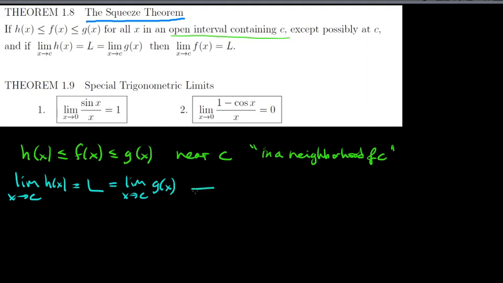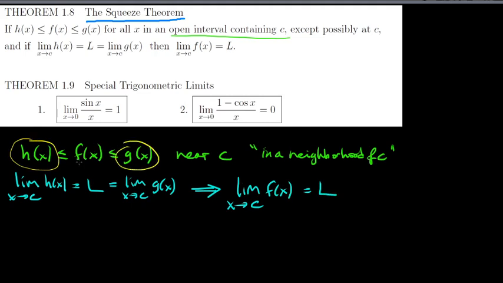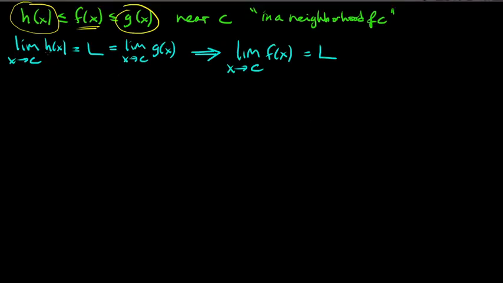Well, in that case, we have to conclude that the limit as x approaches c of f of x also has to be equal to L. And that kind of makes sense, right? If this is approaching L and this is approaching L, well, f of x is in between. So it has to approach L also. And so maybe a graph would help here.